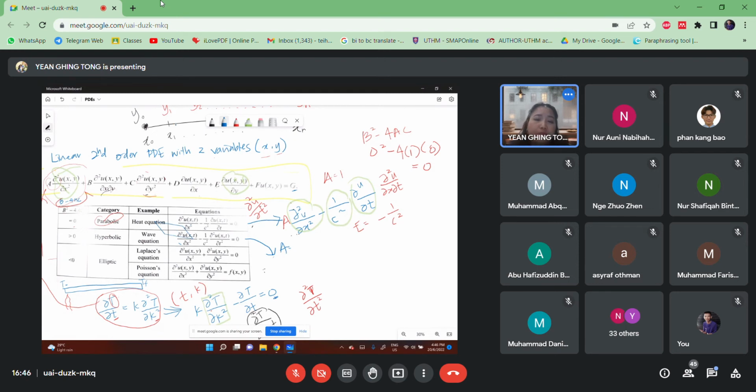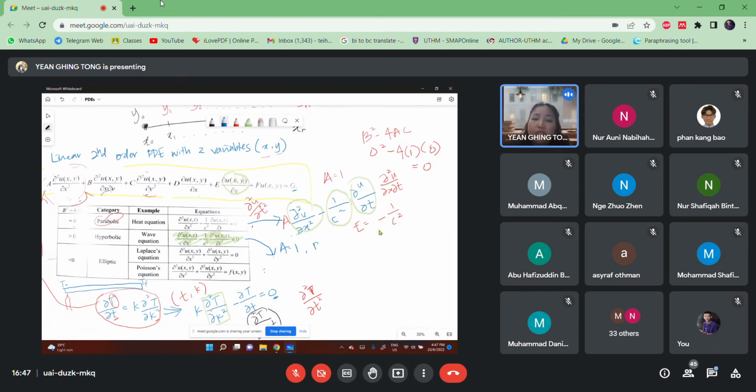The first equation. What is A? The one in front of del squared U over del X square. The value in front is what? A is 1. Okay, thank you. A is 1.